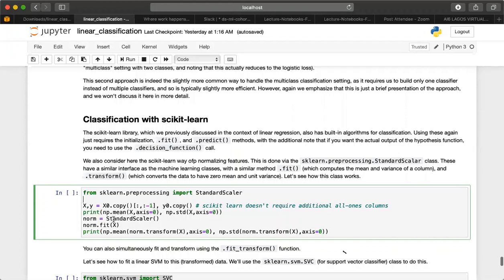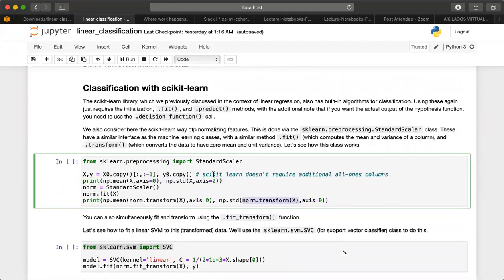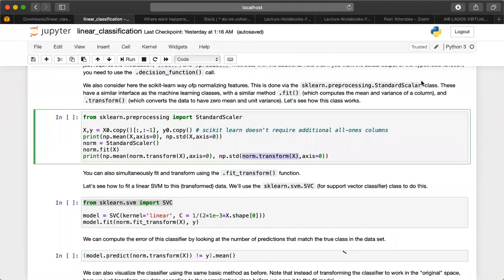So here, using the StandardScaler and fit and transform, it's just a method of normalizing your data. If you read here, you'd see it computes the mean and variance of a column, that's .fit, right?